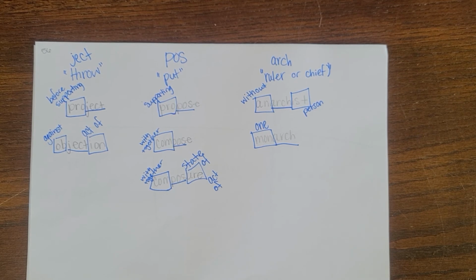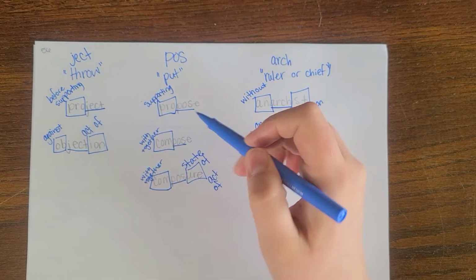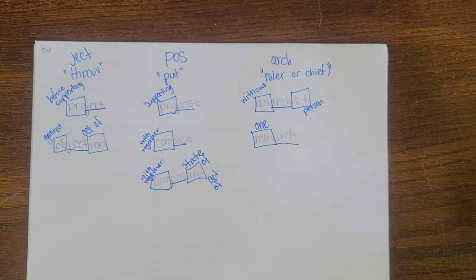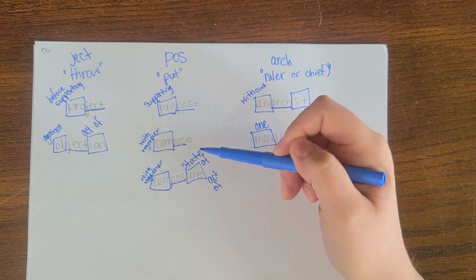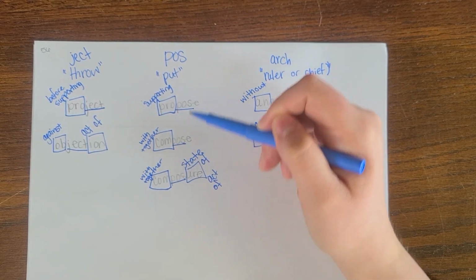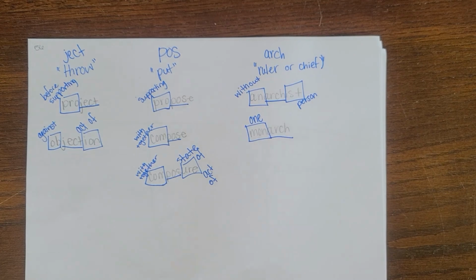So if I got project and propose, nope, that wouldn't be a match because that's not what I'm looking for. If I got propose and compose, yes, that would be a match because I'm looking for matching word roots. So make sure that you're aware of that while you're playing your game.